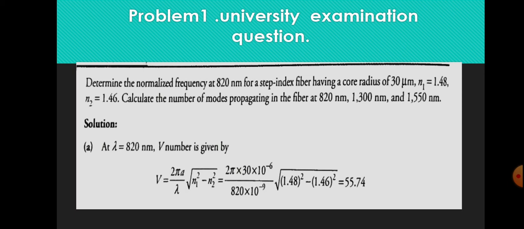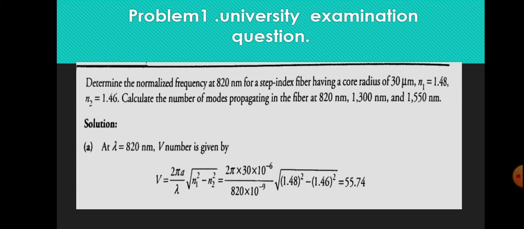And the second question is that you have to find out the number of modes propagating through the fiber at 1300 nanometer and 1550 nanometer. That means at lambda 1300 what will be the number of modes, and also at lambda equal to 1550 nanometer what will be the number of modes. So the same procedure will repeat for the next two cases.